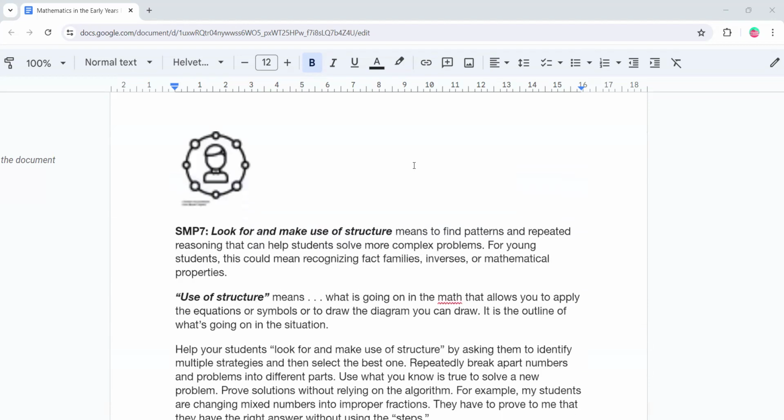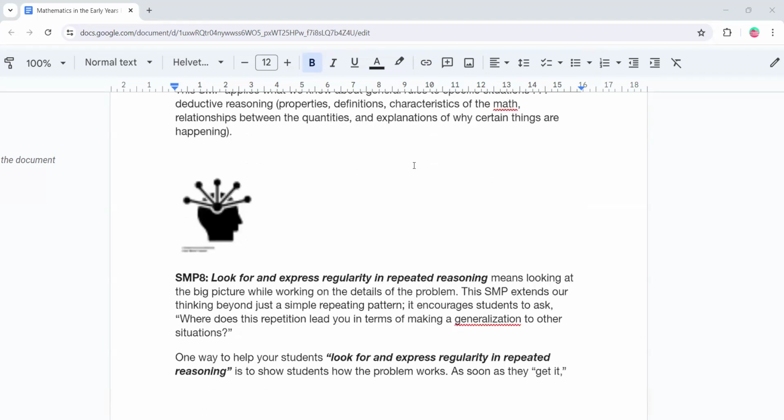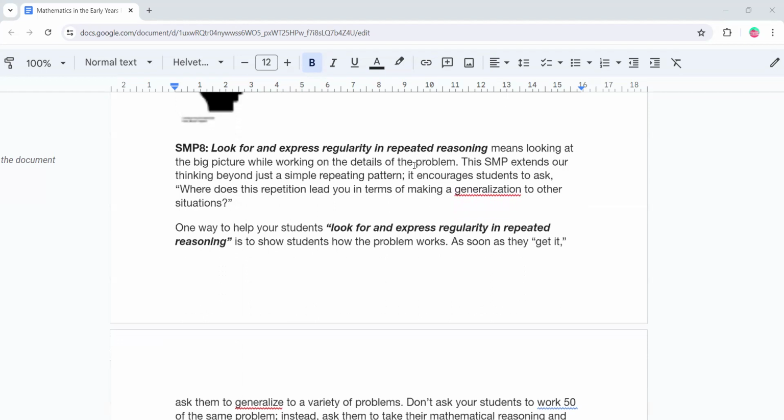The seventh one, look for and make use of structure, means to find patterns and repeated reasoning that help students solve more complex problems. The final standard is look for and express regularity in repeated reasoning, which means looking at the big picture while working on the details of the problem.